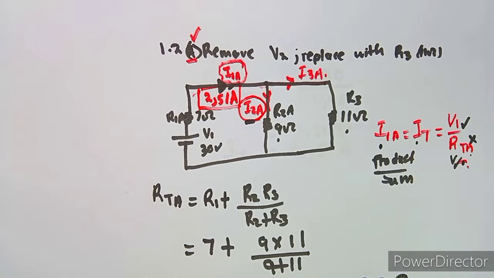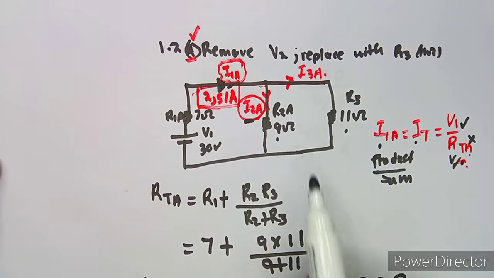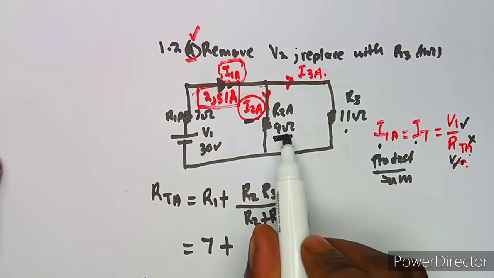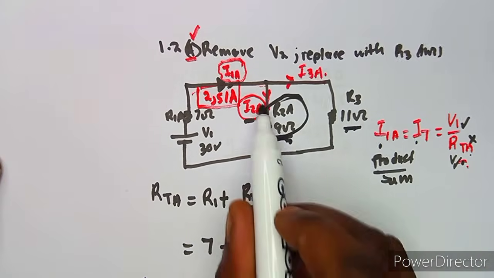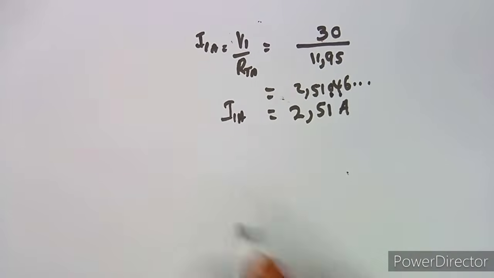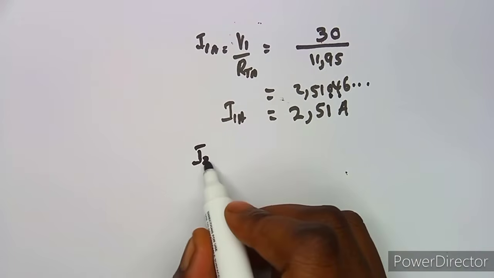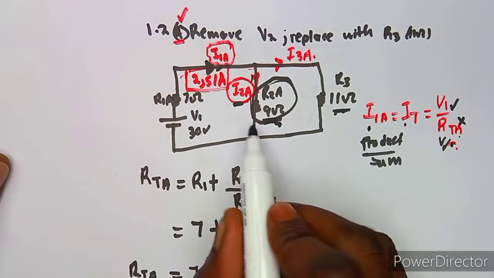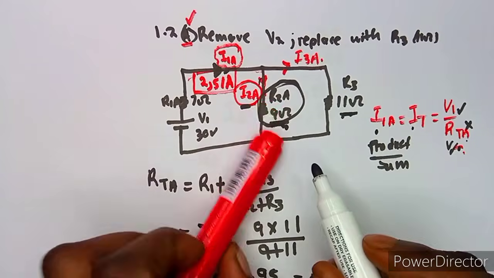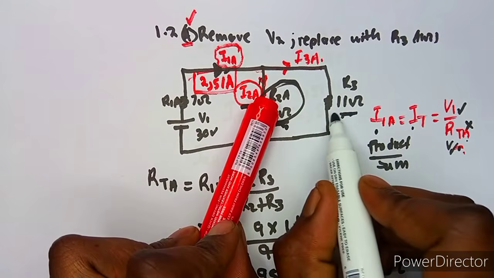Remember we are focusing on the 9 ohm resistor. We are not focusing on this one. That is why we have to calculate the current that flows in here. That will be current I2A, which is this one flowing this way. Using the current divider rule, remember you ignore this resistor and use the next resistor.